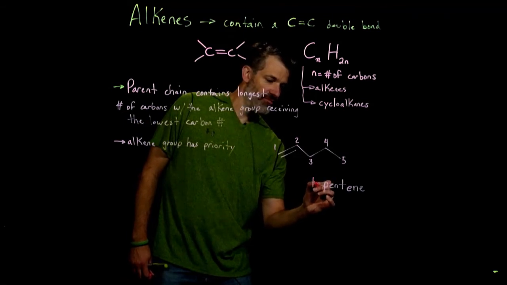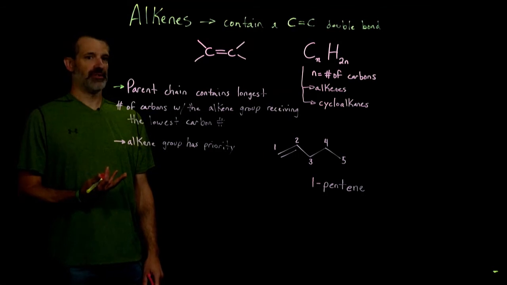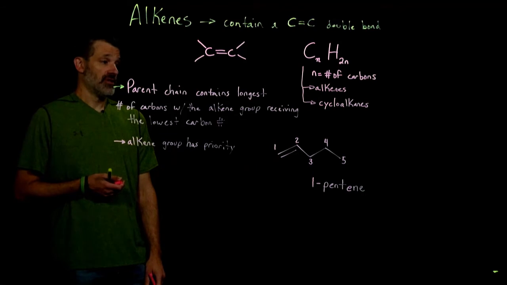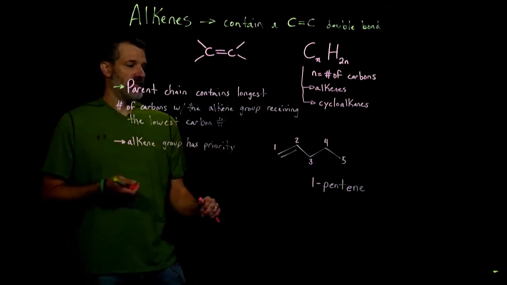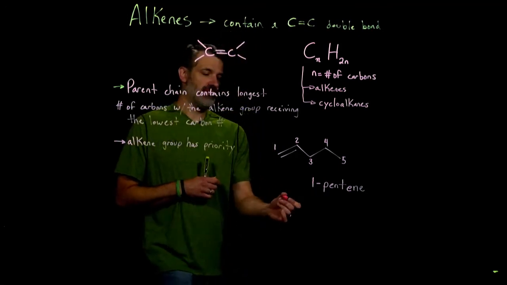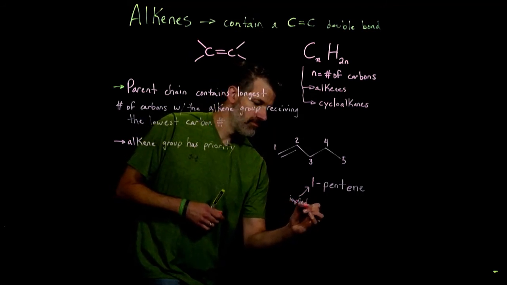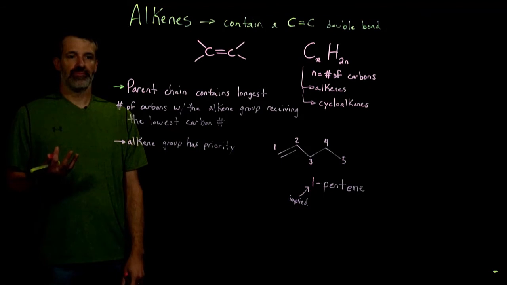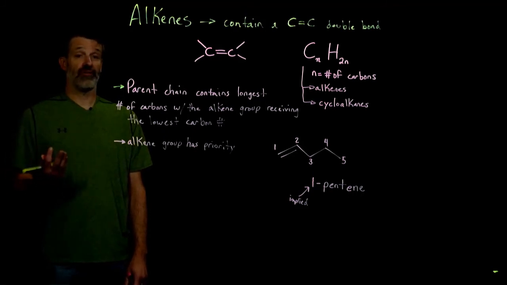Last part is to identify the location of that carbon-carbon double bond because along this 5-carbon chain, it could be at a few different spots. Now, we do not have to necessarily, in this case, put a 1 in front of the pentene, just like with monosubstituted alkanes, in which the substituent is located off of carbon 1.